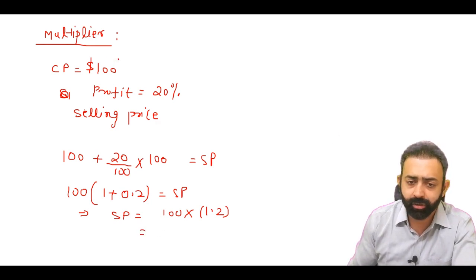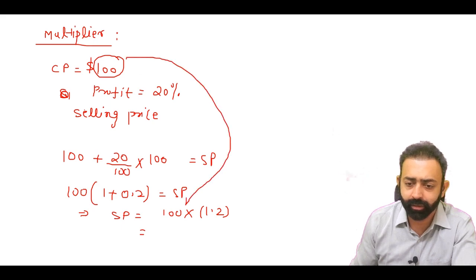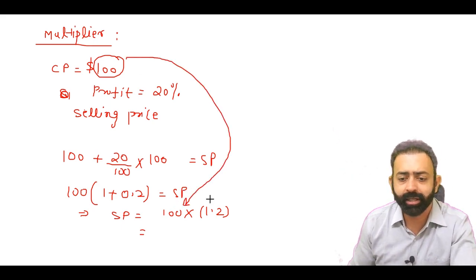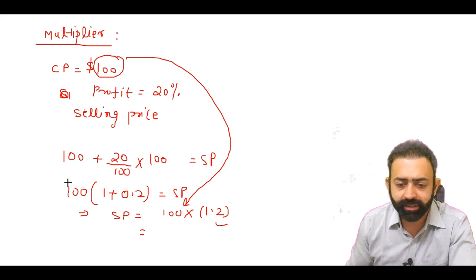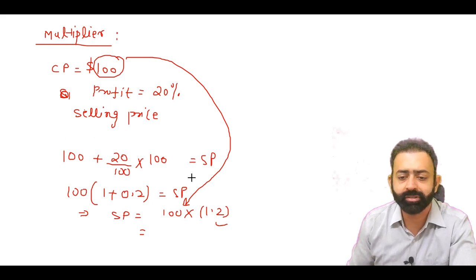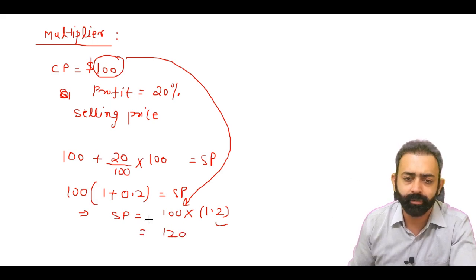So we had the initial cost as 100, and this is multiplied by 1 plus 20%, which is 1.2. So instead of doing these types of calculation, we just use the concept of multiplier: if the percentage is 20%, the multiplier will be 1.2. You just multiply and get the final value as 120, right?